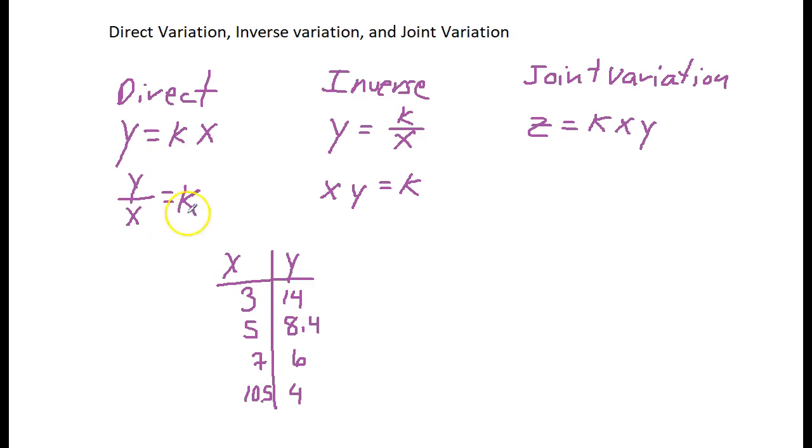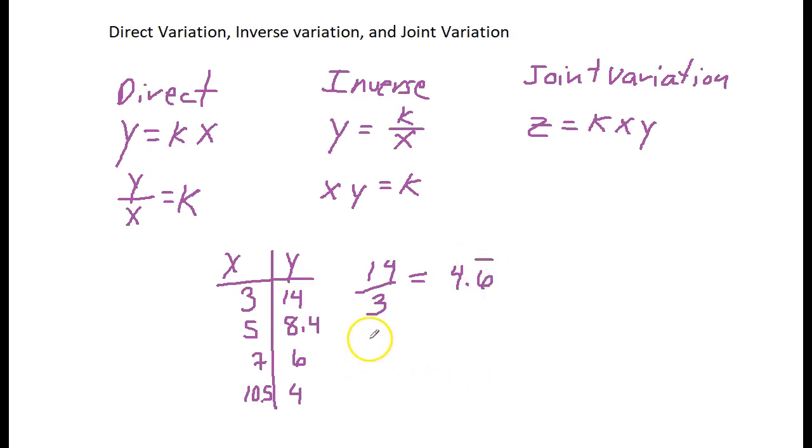So let's try this. If I take 14 divided by 3, because it's y divided by x, that gives me 4.6 and it repeats.